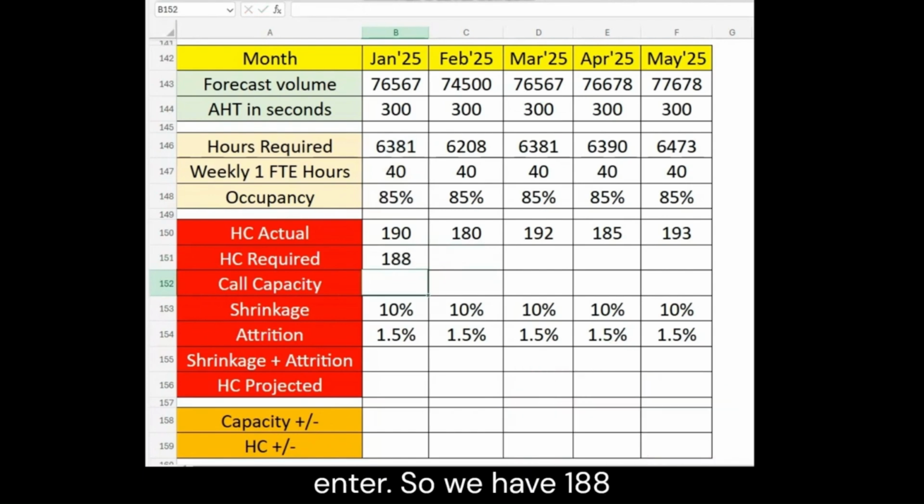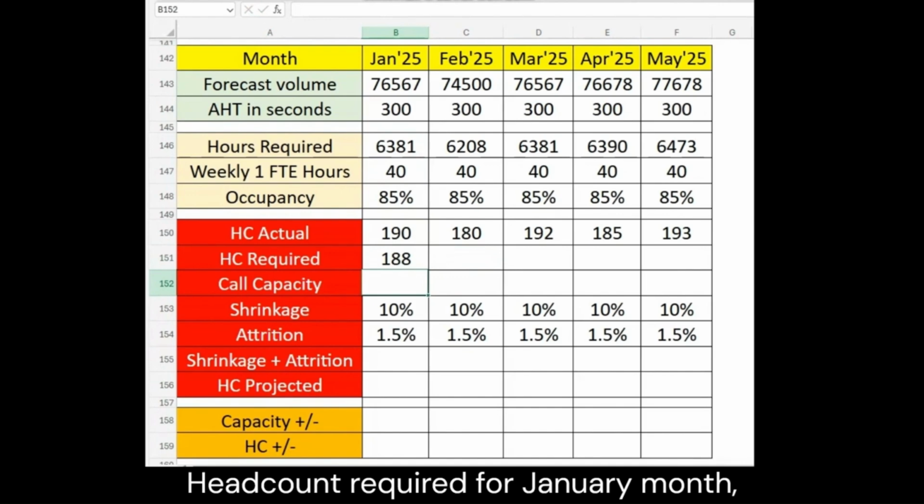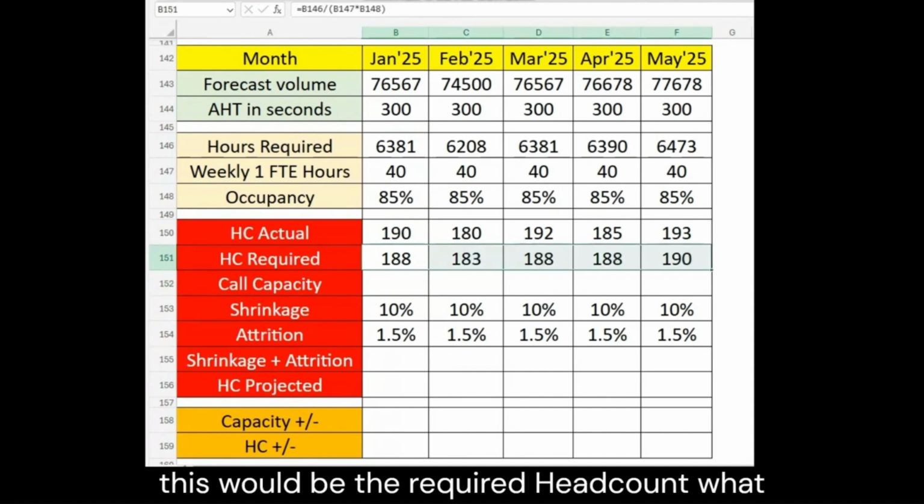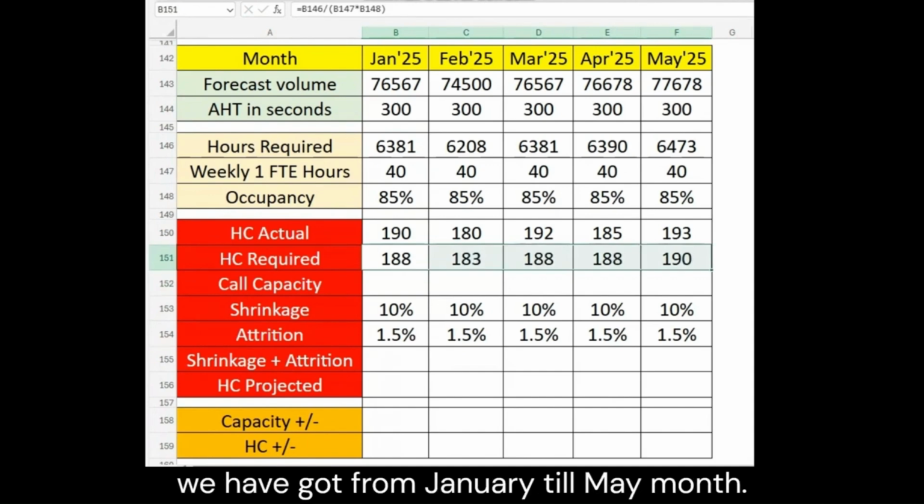So we have 188 headcount required for January month. Select all the cells, Control R. So this would be the required headcount we have got from January till May.